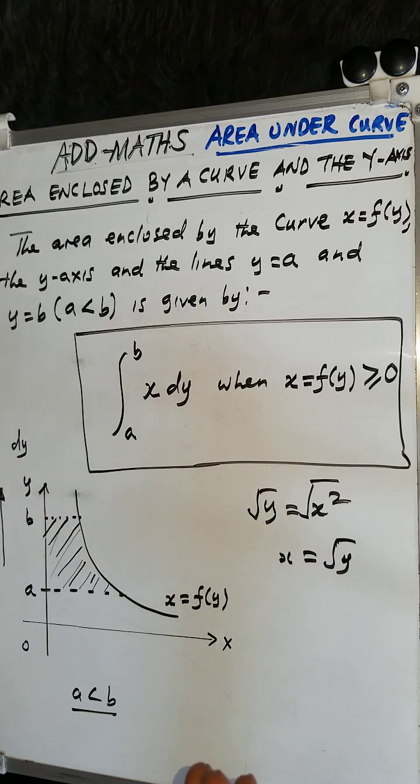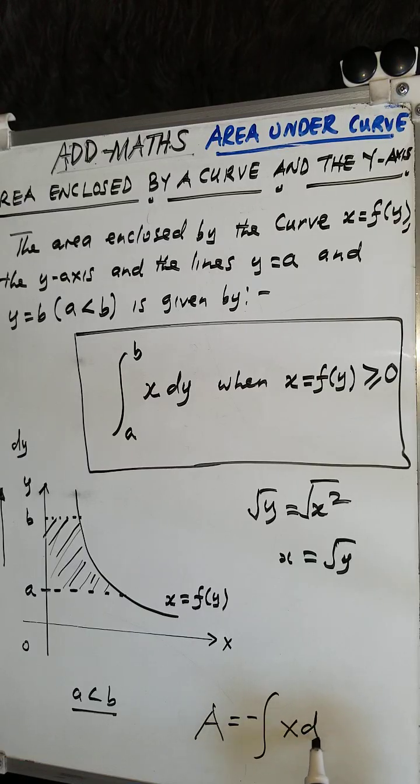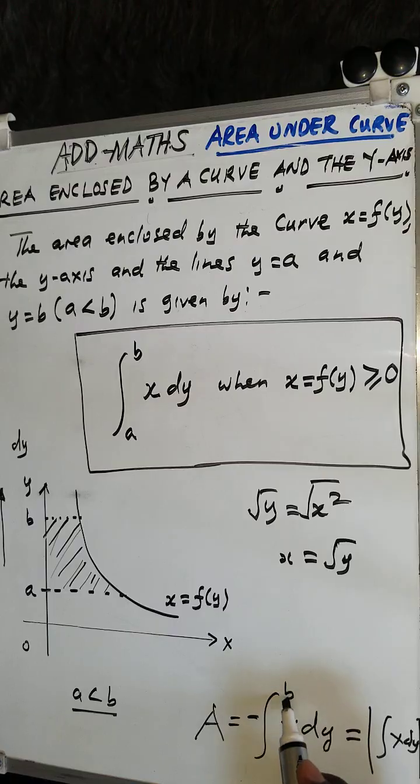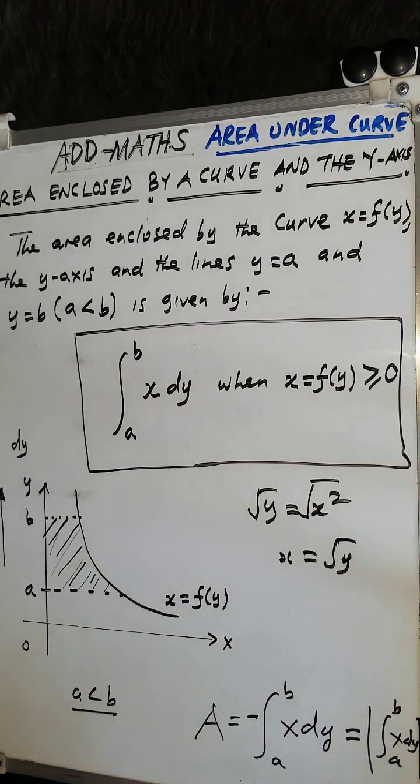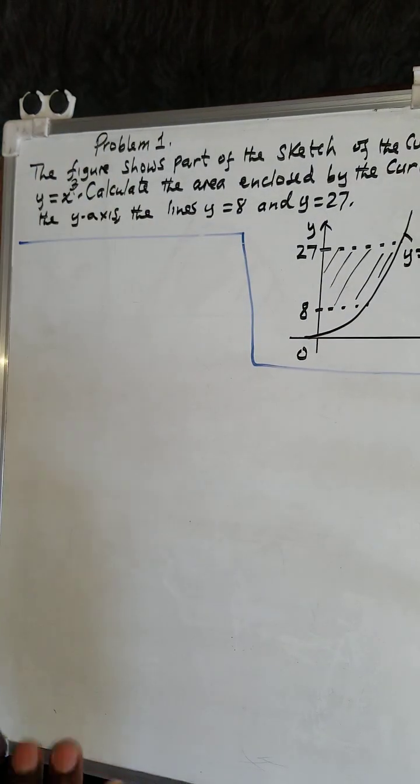So if the area is on the left, you can put a negative and integrate it like that, or if you want, you can simply say the modulus of x with respect to dy. That is the way you can do it, of course, if you're having your upper and lower limits. Now let me just show you a sample question on how you can go about it.